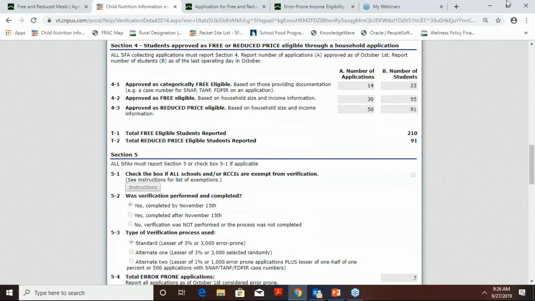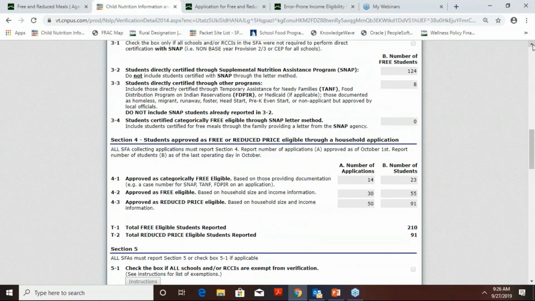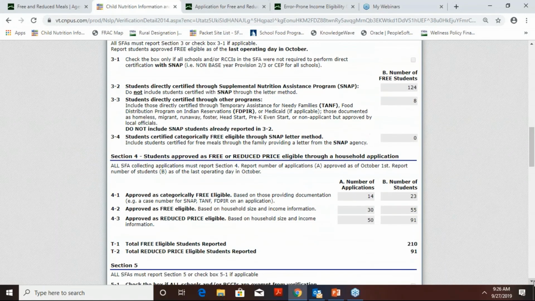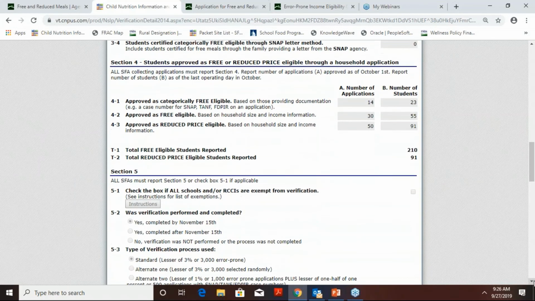Okay. The next section, section 4, you are going to be reporting the information based on October 1st for the number of applications, and the number of students is going to be based on the last operating day of October.